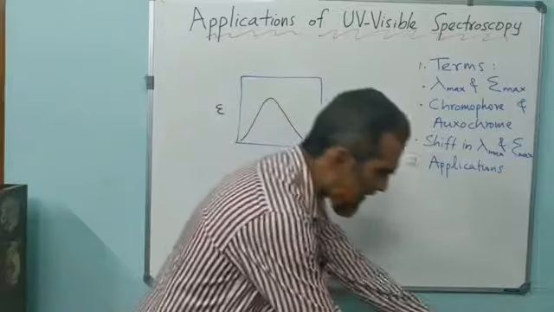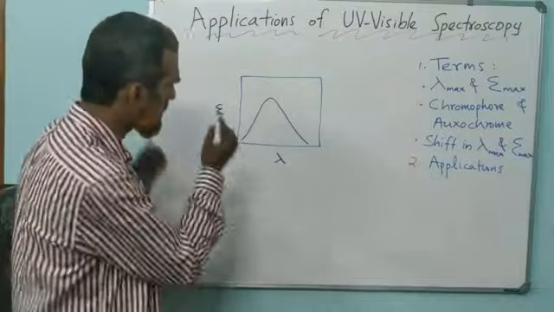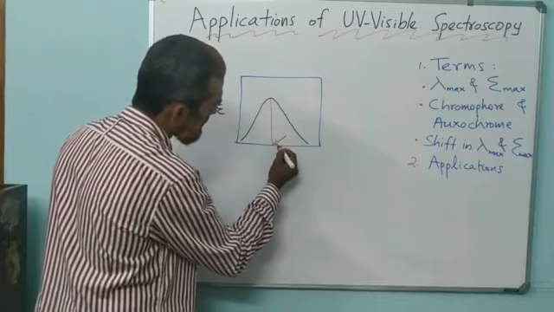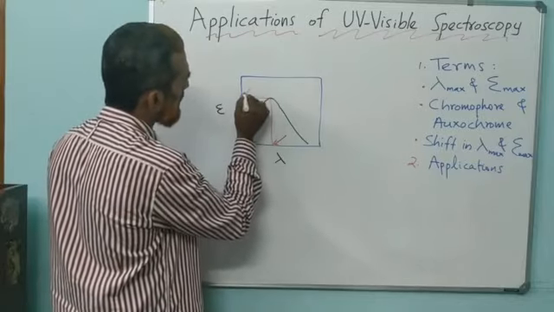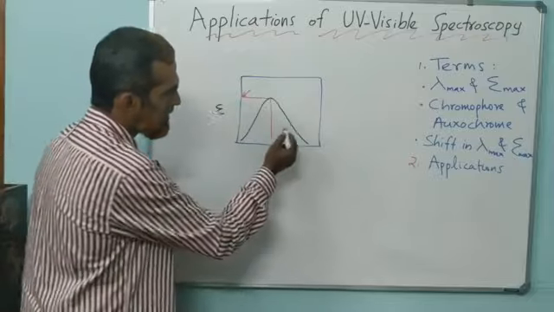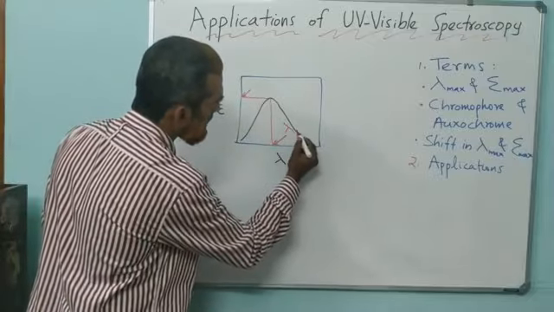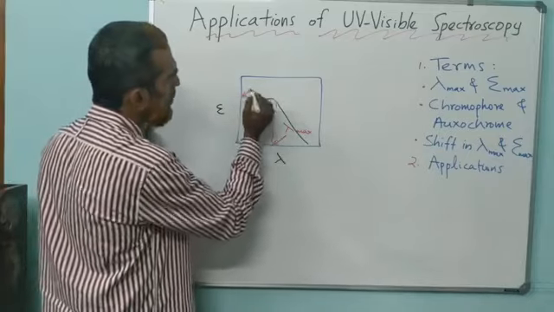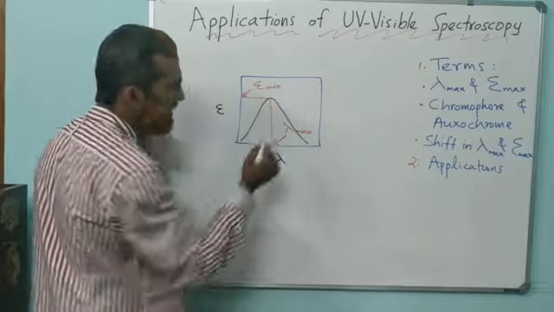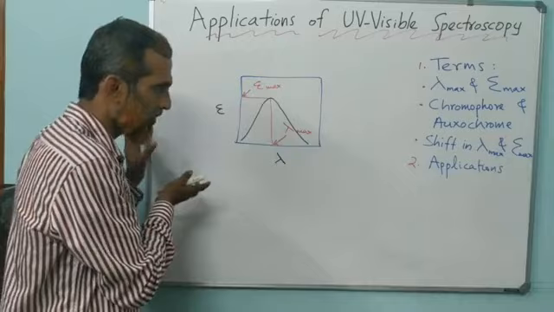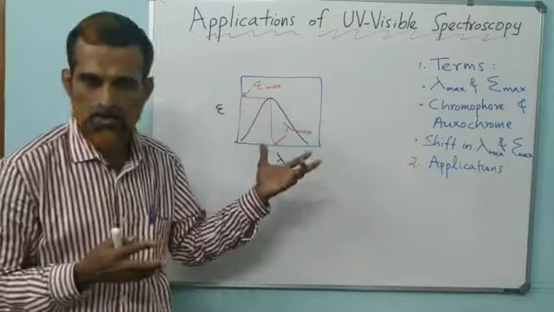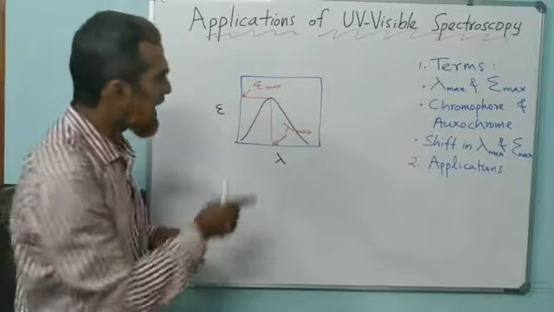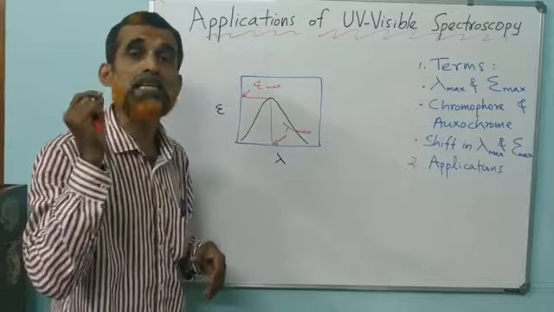Now here we can note two important values from this graph. That is, one is this value and the other is this value. We call this lambda max. Corresponding to lambda max, we have an epsilon value that is called epsilon max. So what is lambda max? See, when we pass UV visible radiation to an absorbing medium or a molecule, it absorbs a range of wavelength from the radiation, and lambda max is the wavelength of maximum absorption.